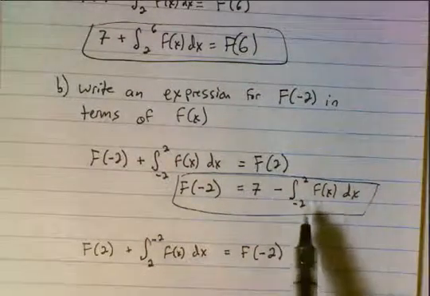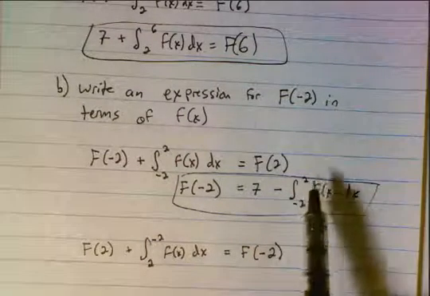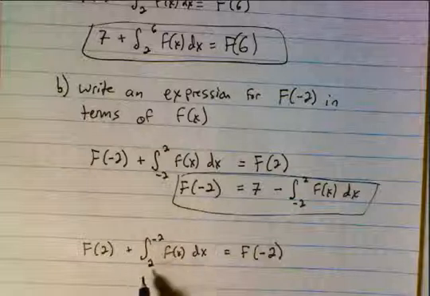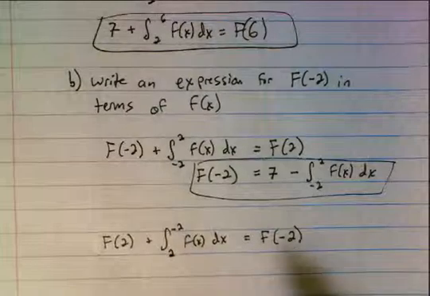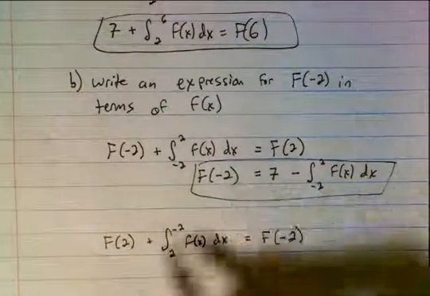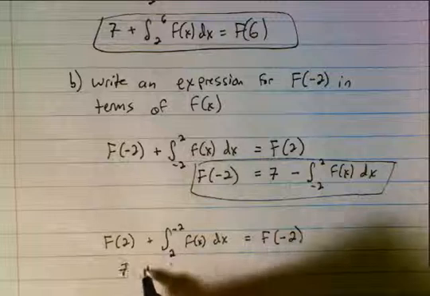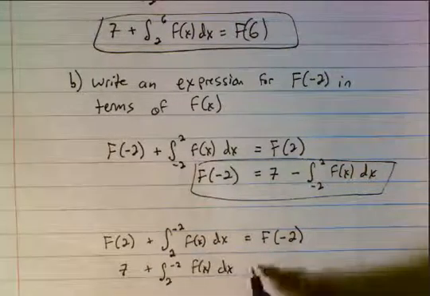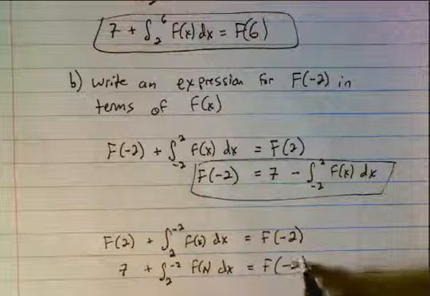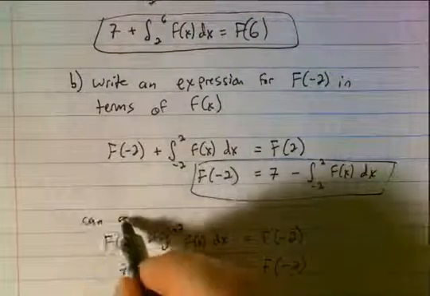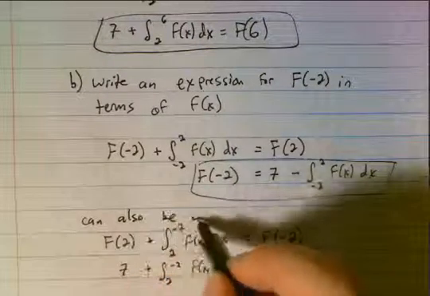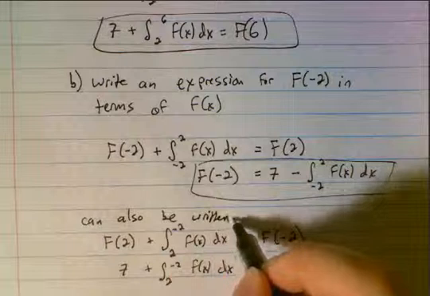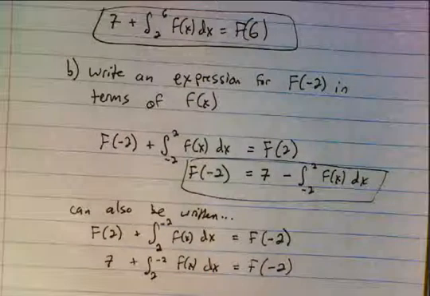So negative integral from negative 2 to 2 is the same as the positive integral from 2 to negative 2. So f of 2 we knew was 7. Like that.